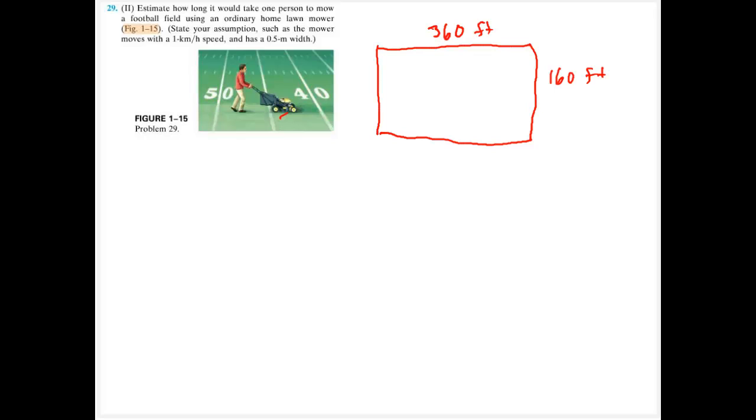Lastly, we have a little bit of an estimation problem. It says, estimate how long it would take to mow a football field using a standard lawnmower. So, to do this, we're going to say, well, here I have my football field, and the NCAA regulation says that this should be 360 feet long by 160 feet wide.